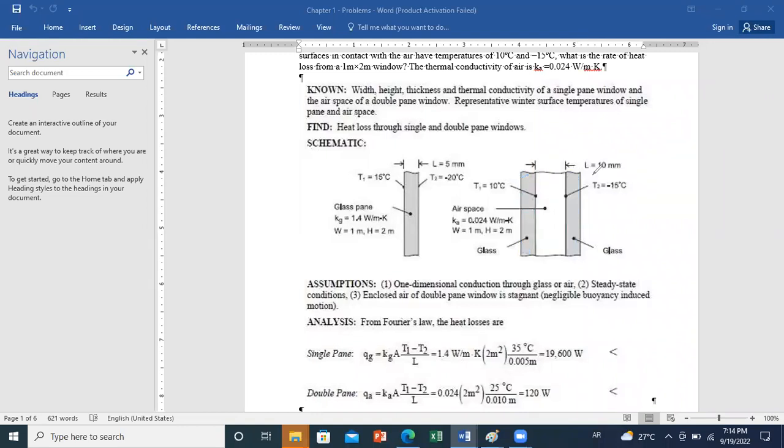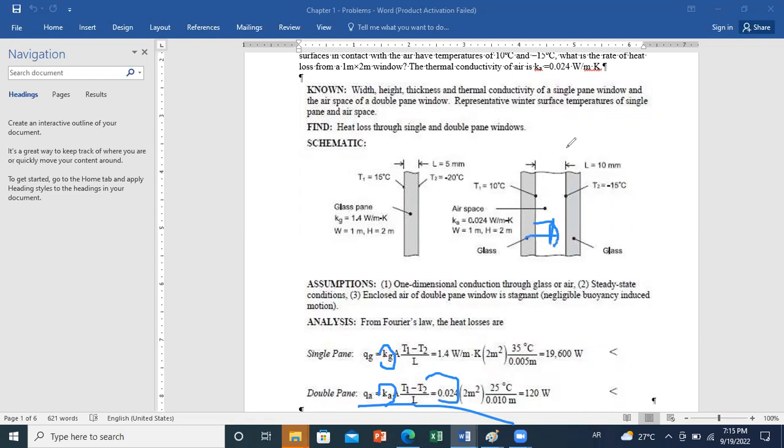If they gave us T1 and T2, we can calculate this flux using the same methodology. We apply minus k dT/dx, and this will be equal to the conductivity of air, which is much smaller than the conductivity of single glazing. From here, we can expect that the flux going through air is much smaller, and you have delta T over L.